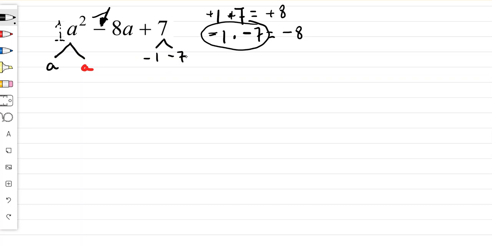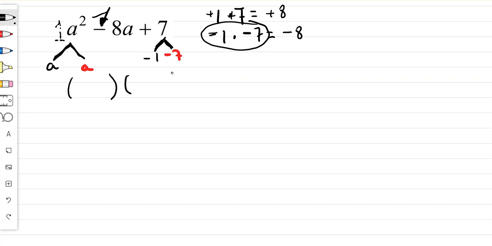That's going to give us what we need. I apologize, I needed to make them a negative 7 so you could see what's happening. So what we're going to do is create our first set of parentheses. Here and here they both go left, and then here and here they both go right.